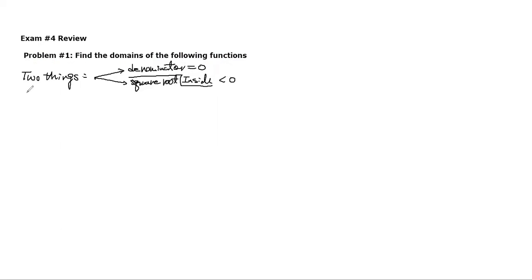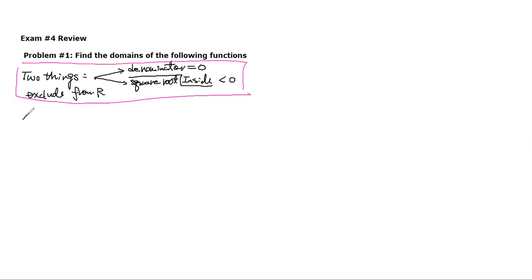So those are the two things we want to exclude from the real numbers. So this is our general rule: the domain is the whole real numbers, but every time you see a fraction, you need to think about that, and every time you see a square root, you need to think about that, right?